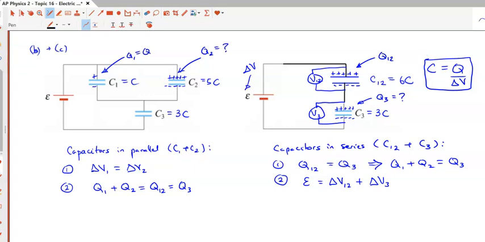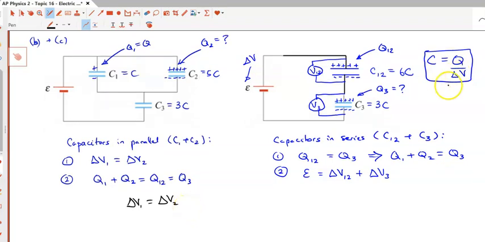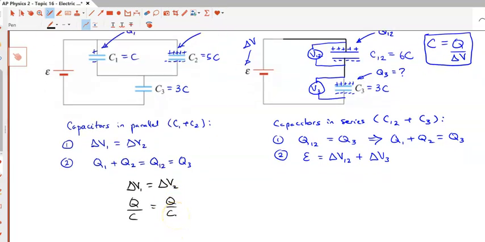All right, where to start? This is always a little bit tricky. So maybe I'll start with the easiest equation, where charges or voltages are equal. Let's start with voltage 1 and voltage 2 being equal to each other. So we know that's true. If we rewrite this equation, putting voltage by itself, we would have charge all over capacitance, but we want to do it for that particular capacitor. So charge 1 over capacitance 1 equals charge 2 over capacitance 2.